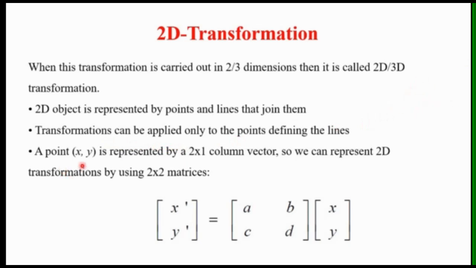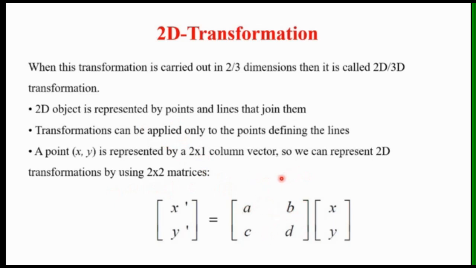Let us say any point A with coordinates x and y is represented by a column vector 2 by 1. So we can represent a 2D transformation by using a 2 by 2 matrix, that is a, b, c and d.